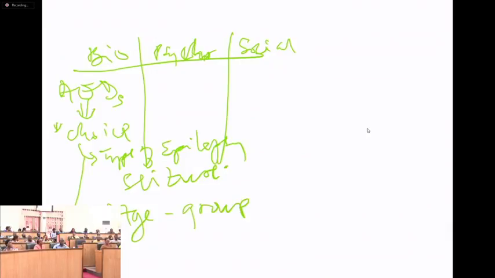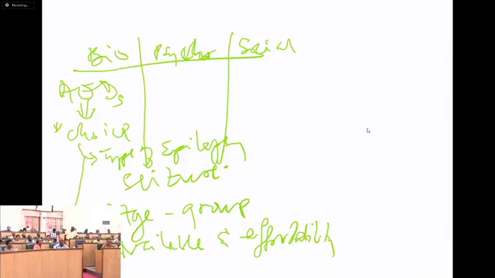And of course, in our setting, availability and affordability. All of these are key to the choice that you make. But this is peculiar to our situation and also peculiar to certain rural areas, even in developed countries.